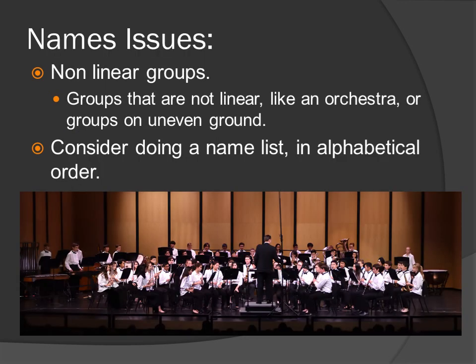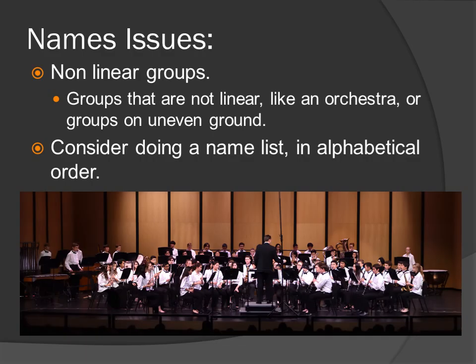Name issue. Nonlinear groups. What is a nonlinear group? It is a group that is not linear, like an orchestra or groups on an uneven ground. Look at the picture below. The students in the orchestra are not in rows. They're in an arc.